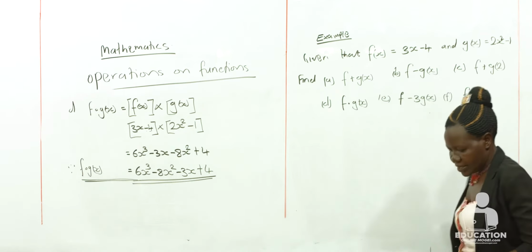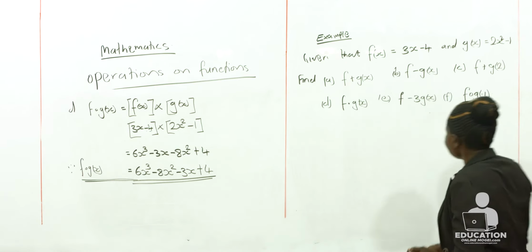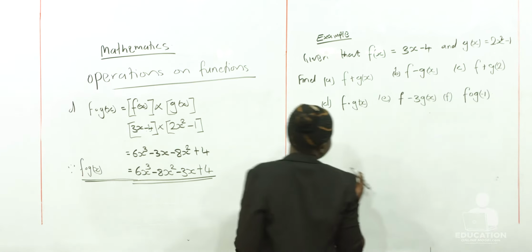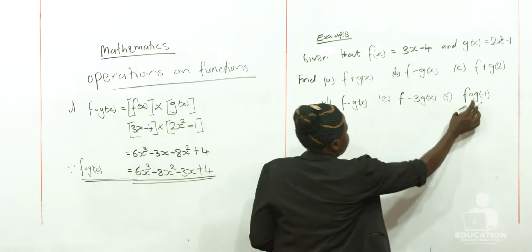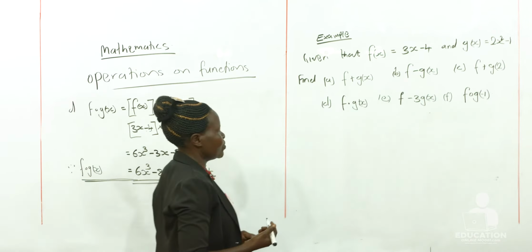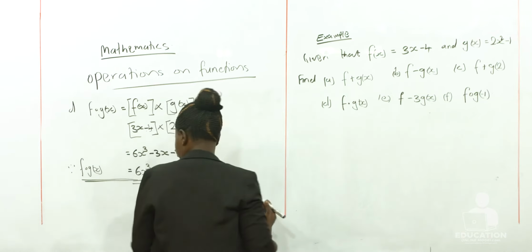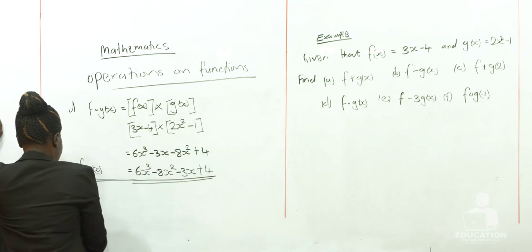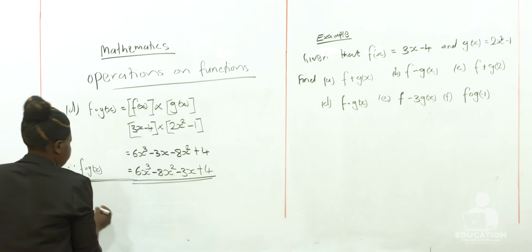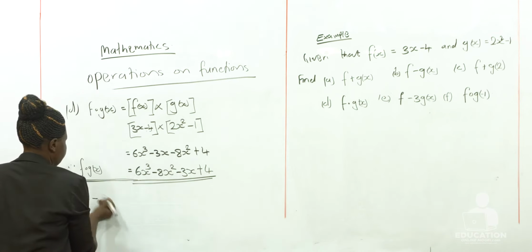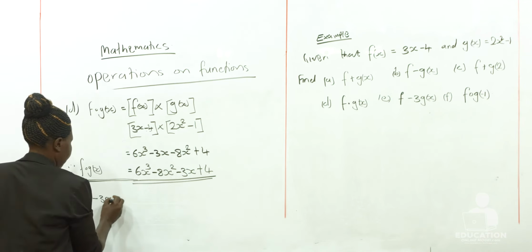So with part E, let us look at part E. Then part F, I hope that you will also try part F. So when we look at part E, they have said f minus 3g of x.